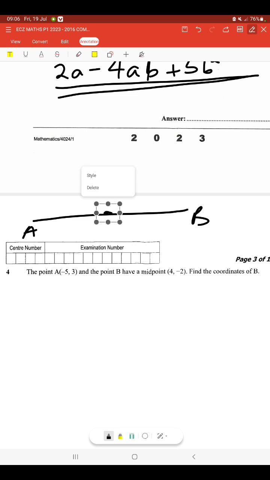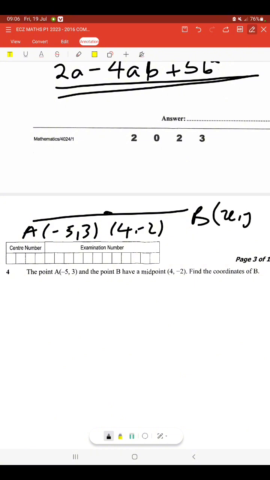A is (-5, 3), the midpoint is (4, -2), and our B is going to be (x, y). So they want us to find the coordinates of B.